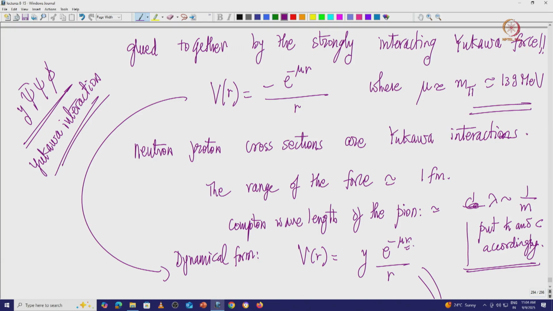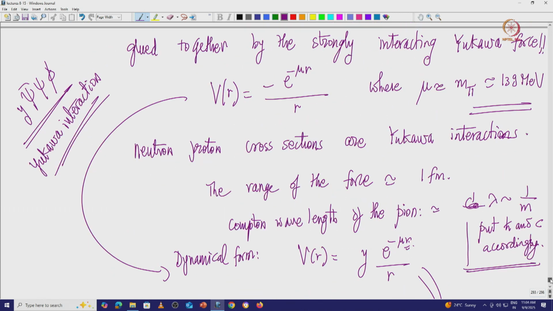Mu is nothing but the mass of the pion, as I mentioned. In h cross and c equal to 1 units, the pion Compton wavelength is h by mc.